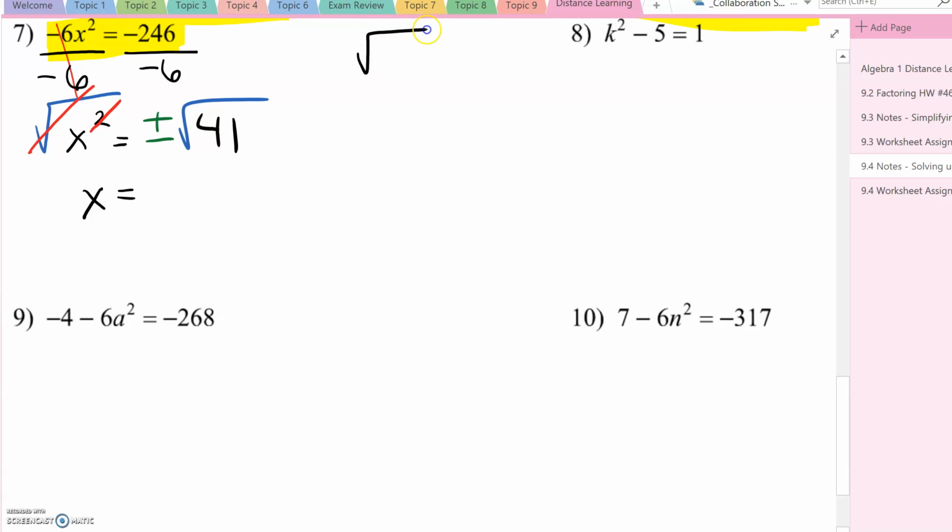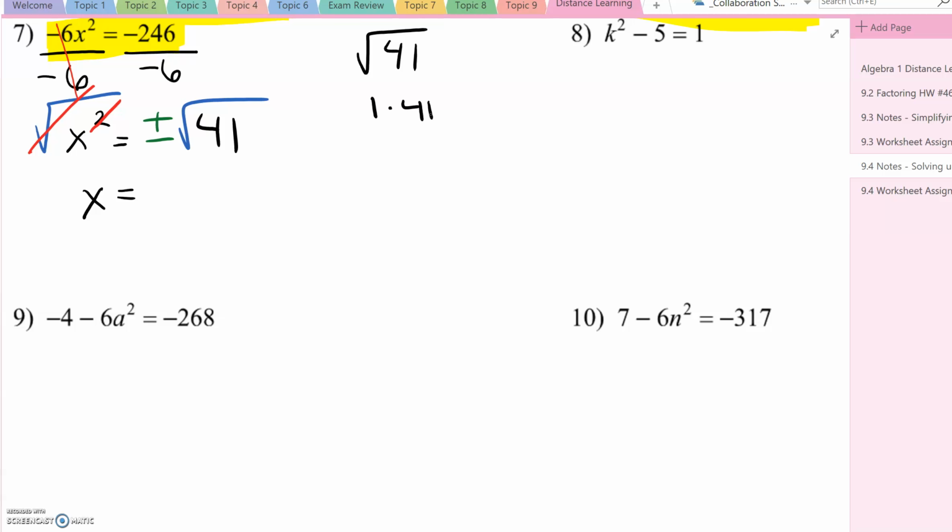Now let's think about 41. Can you think of numbers that multiply together to get 41? Now I know 41 is not a perfect square, but let's think of any number that multiplies to get us 41. So 1 times 41, that one's a given, but that doesn't really simplify anything for us. 2 times nothing because it's odd. 3 times nothing because that would give us either 39 or 42. 4 times nothing because that would give us 40 or 44. 5 times nothing. 6 times nothing. 7 times nothing.